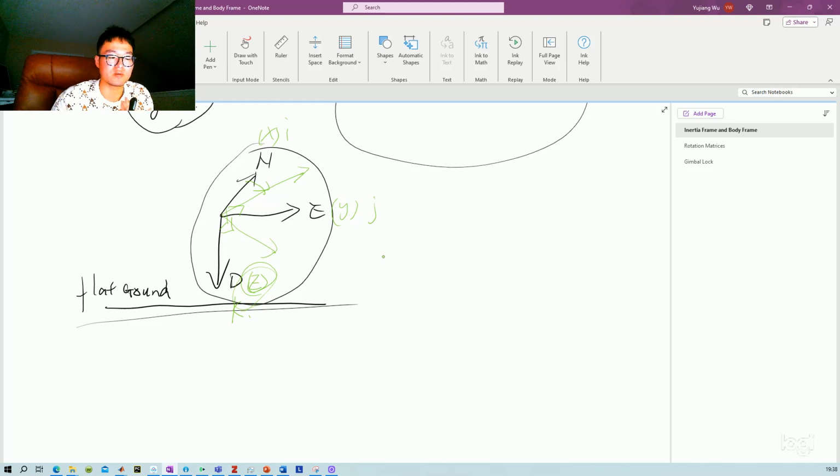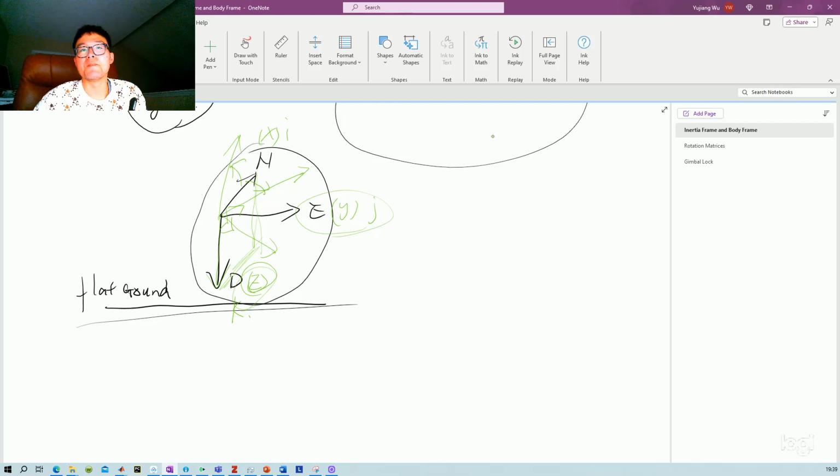This is called a 2D rotation because the z-axis is fixed, and we just rotate things on the horizontal plane. Similarly, you could do a right-handed rotation about your y. In that case, your thumb is pointing in the y direction, the vertical plane will rotate, and its positive direction is defined in this direction.